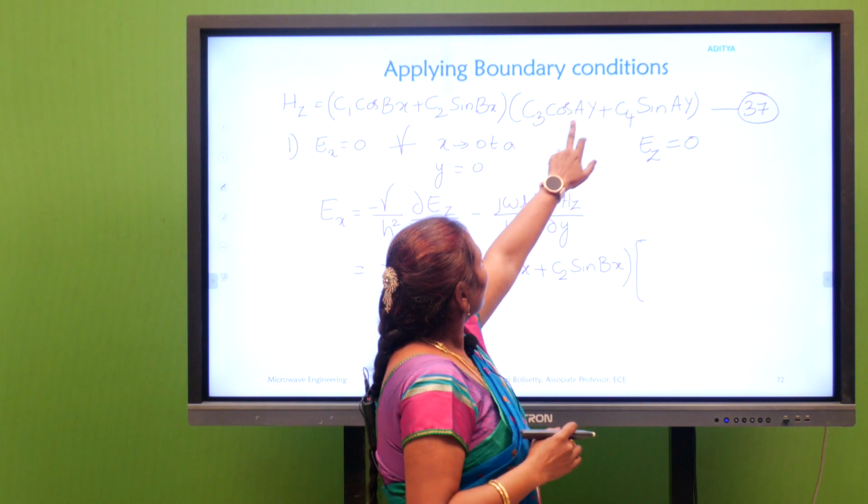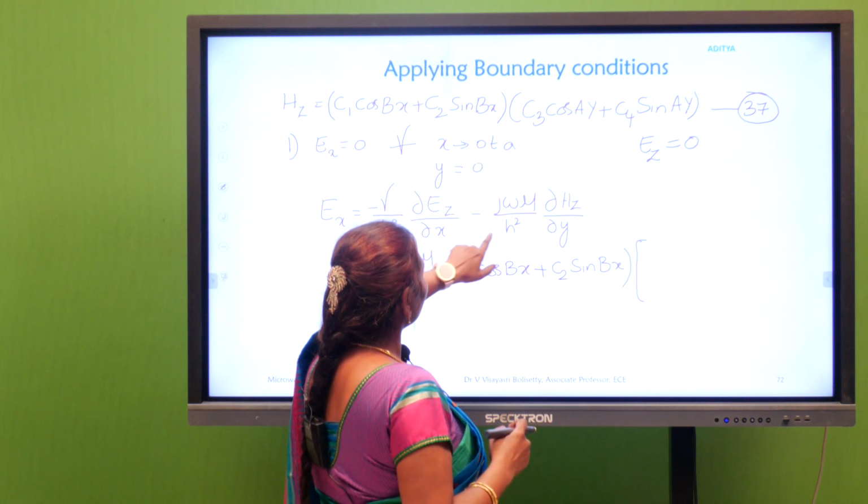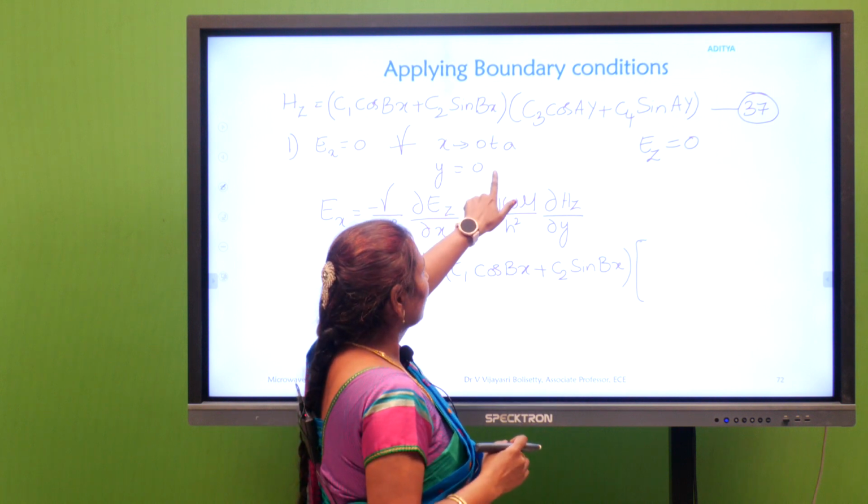Then we differentiate with respect to y, at y is equal to 0.